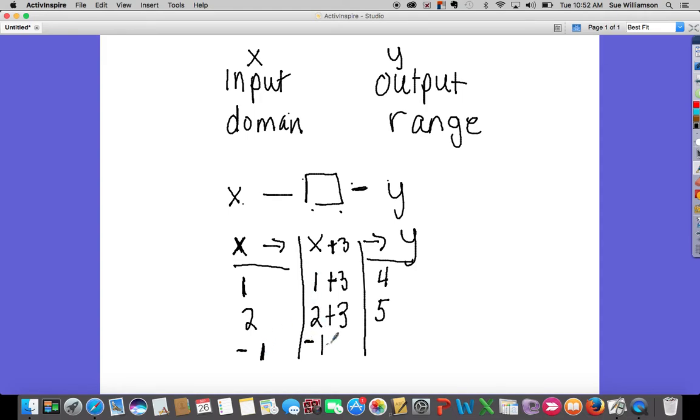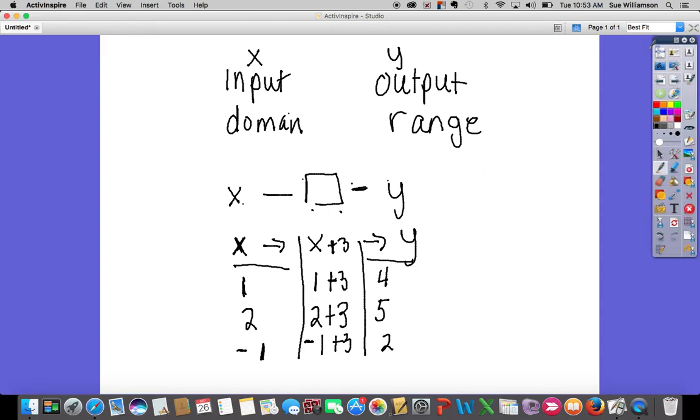So if I have -1 plus 3, my input's -1, it goes into this rule, and then my output would be 2. So inputs, outputs. Your input is your x, your output's your y. Your domain is the same thing as your input, or your x, and your range is another term for the output, or for the y.